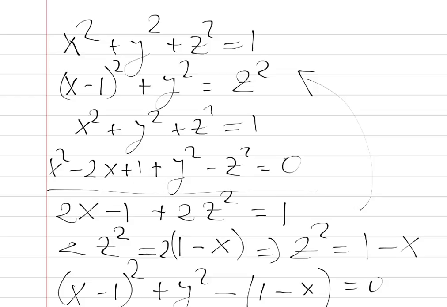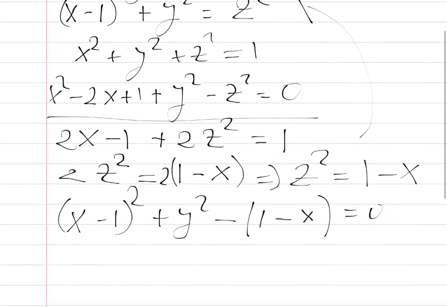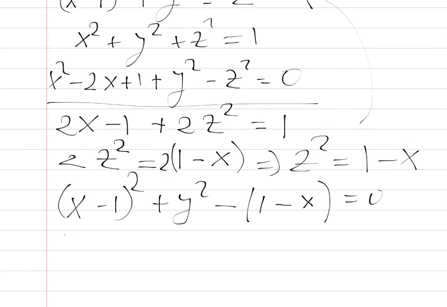Another way of saying this is that (x minus 1) squared plus (x minus 1), because minus (1 minus x) is x minus 1, plus y squared is 0.